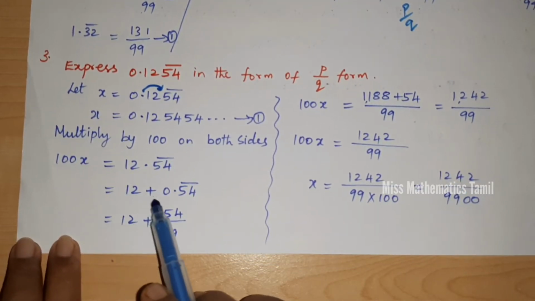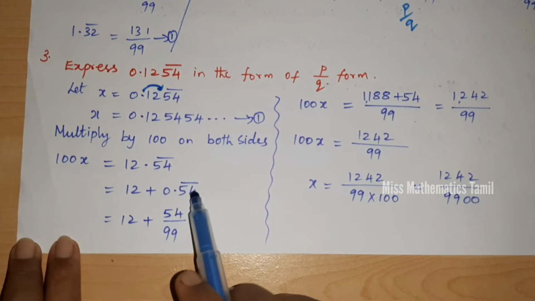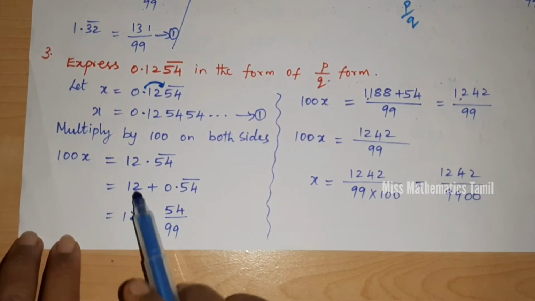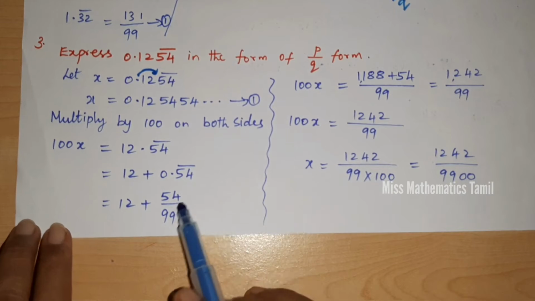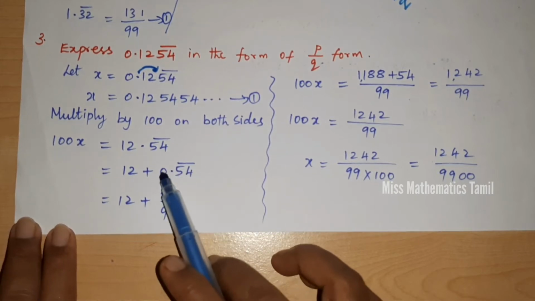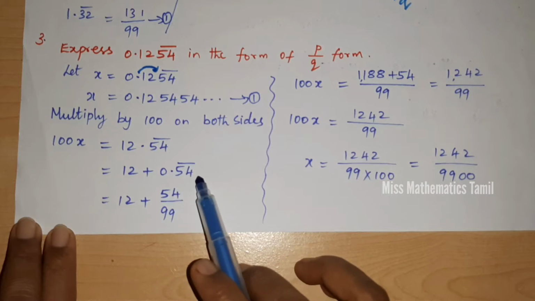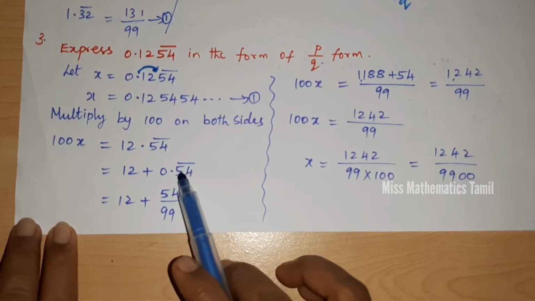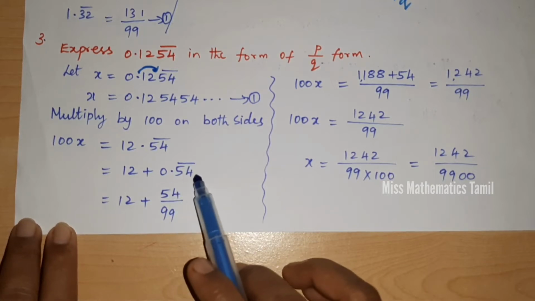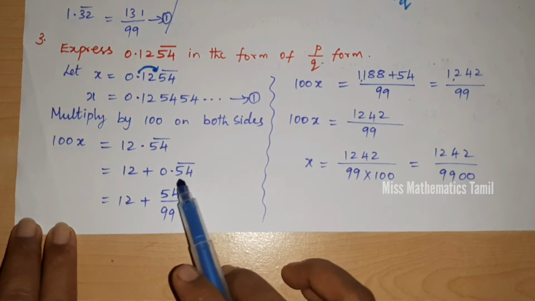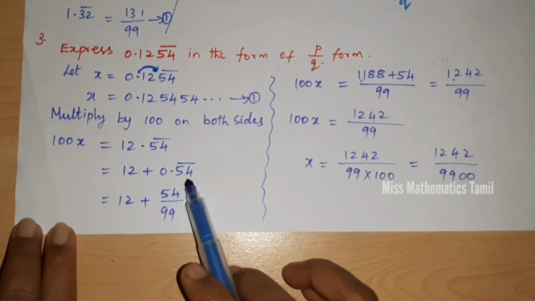After this I can split it: 12 plus 0.54 bar. Next step, what will we write? 0 point, after the decimal point the bar number is starting, right? So 5, 4, how many numbers? 2 digits are there under the bar.